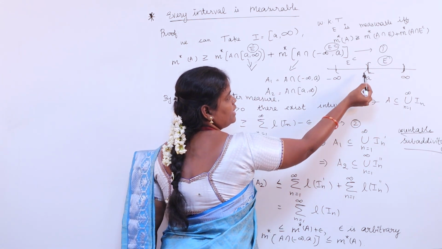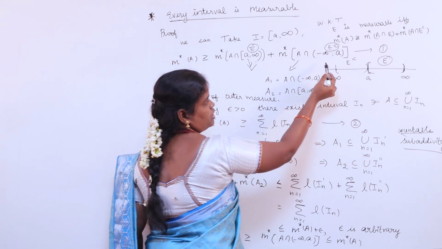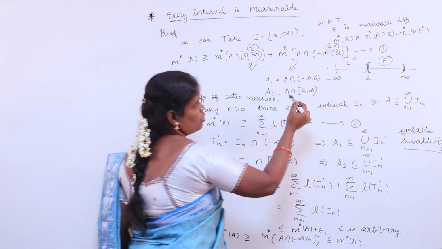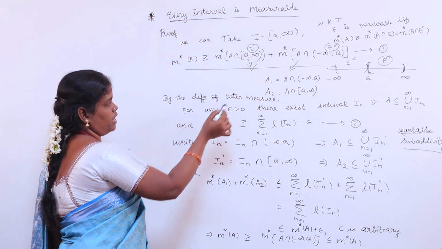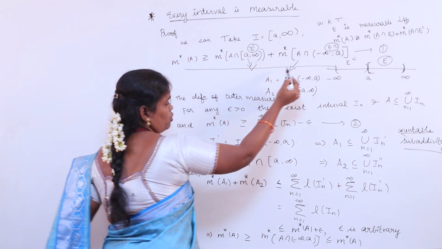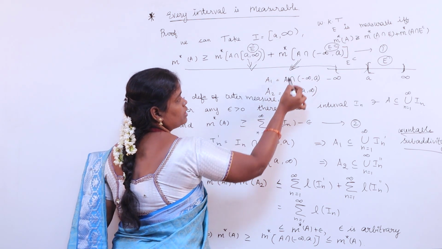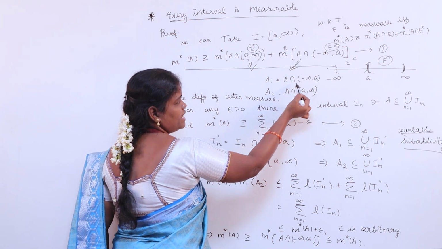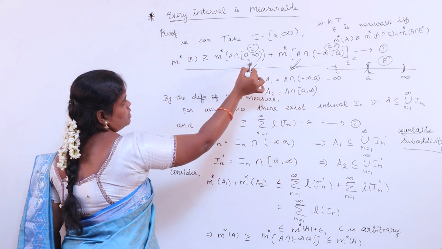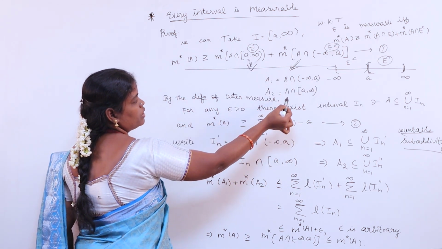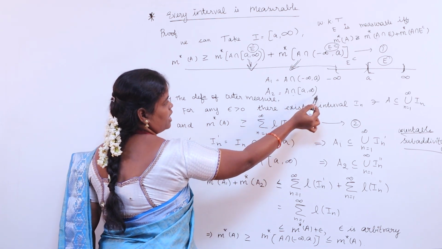Then minus infinity comma A is an open set. So once this condition is proved, the theorem is proved. Take A1 equal to A intersection minus infinity comma A, and A2 represented by A intersection half open A comma infinity.